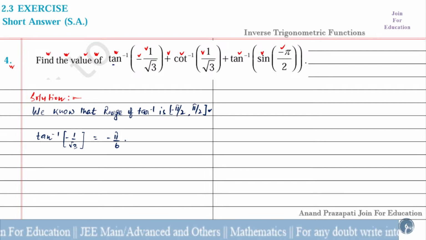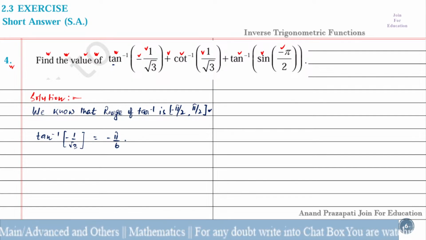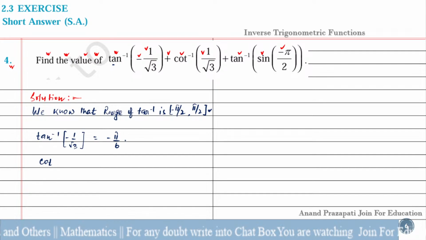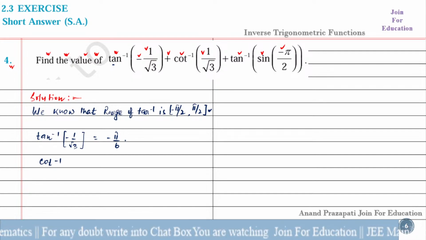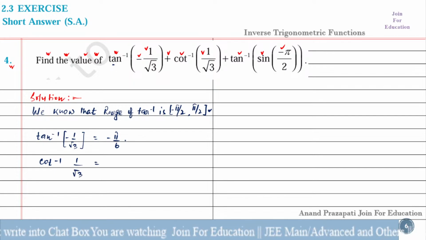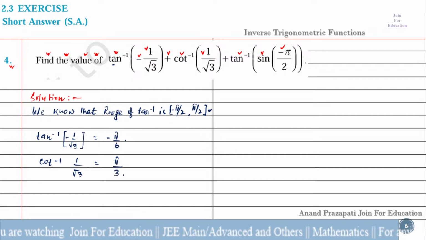So tan lies either in the first or fourth quadrant. So I can say cot inverse 1 by root 3 equals pi by 3.